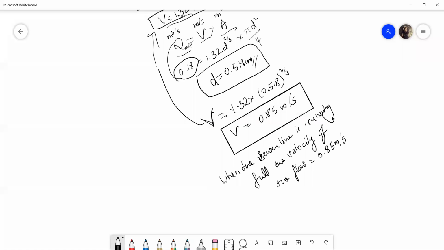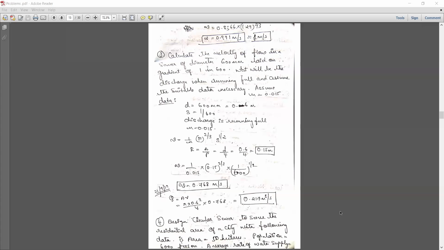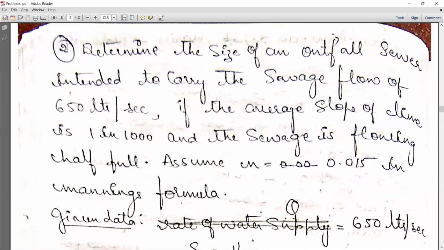Please reply. Have you written down this problem? So write down one more problem. I want you to solve this on your own. Write down this problem.